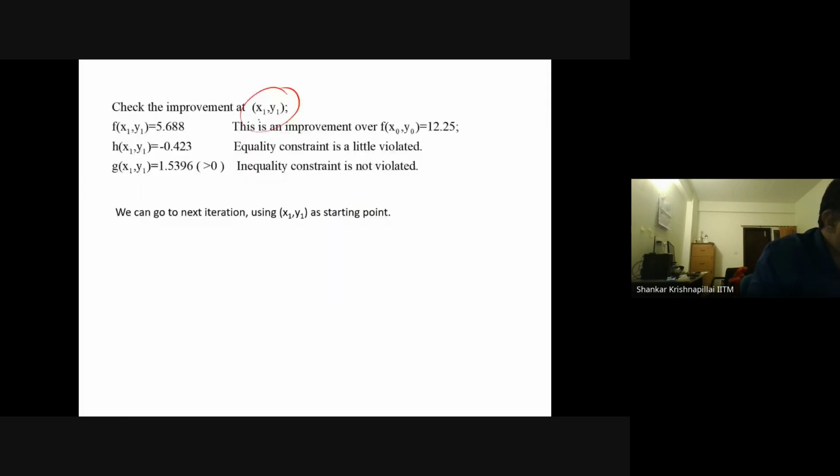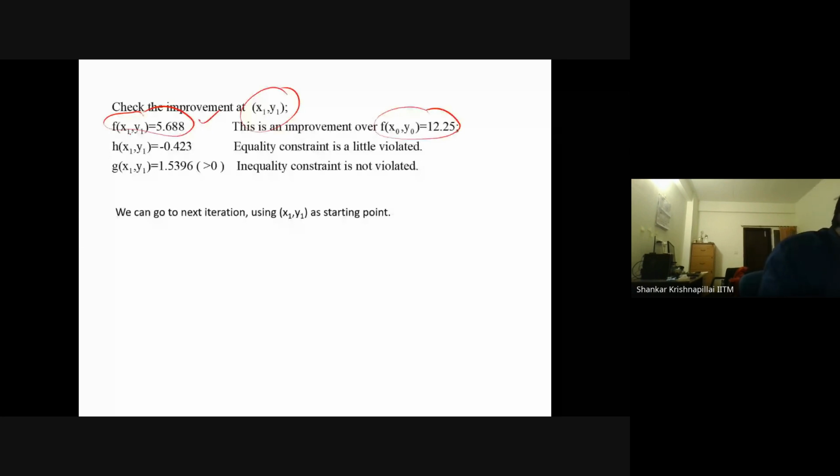So let us check if x1, y1 is a good value. If you substitute x1, y1, you can see that f of x1, y1 has improved, because f of x0, y0 was 12.25 and f of x1, y1 has become 5.688. So the objective function value has improved.